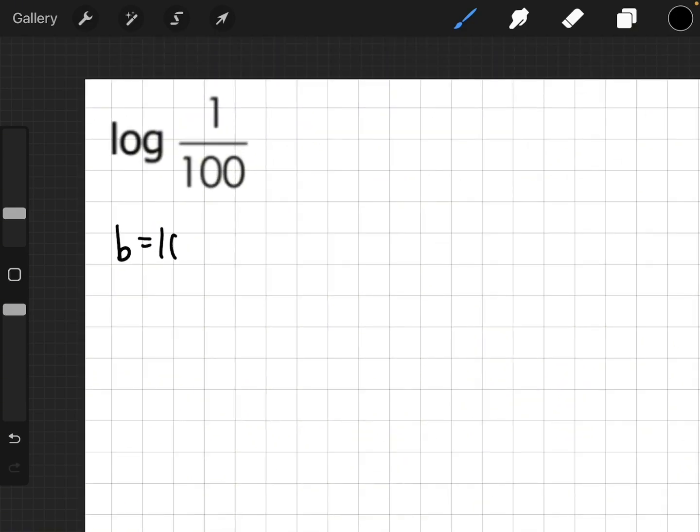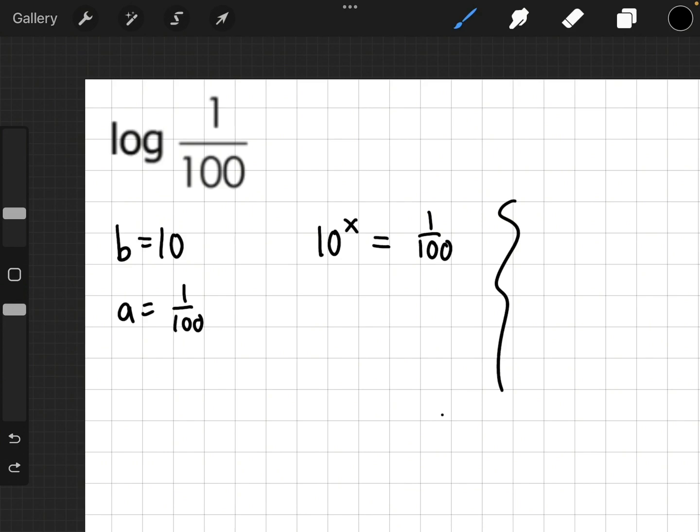So b equals 10 and a equals 1 over 100. We don't know x here. Written in exponent form, 10 to the power of x is equal to 1 over 100. We'll reference some exponent rules: when a term is raised to a negative power, we get a fraction like this.